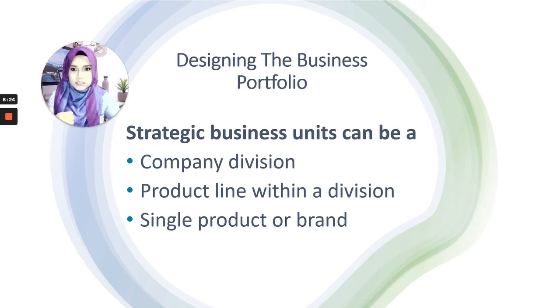Another example is Nike. Their business portfolio could include their sports attire, sports equipment, and Nike apps. They might also have brands under Nike, like Jordan, and all other sports brands.